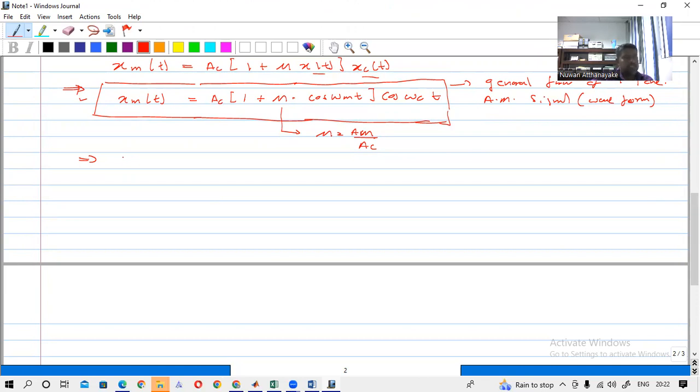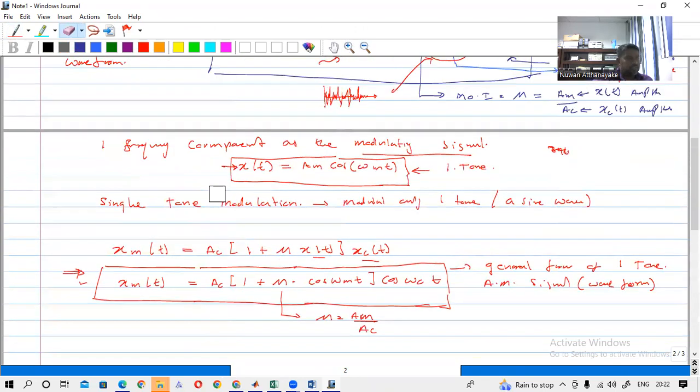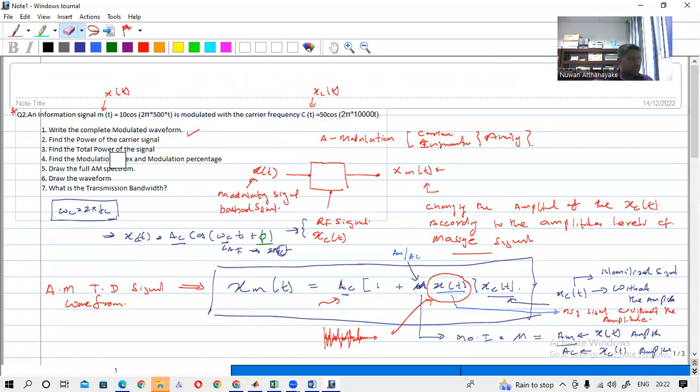We learn those in the Signals and Systems subject, but some of you haven't done that subject. So I will take another approach to explain how to find the power of a carrier signal. We will try to find the power of the carrier signal first.